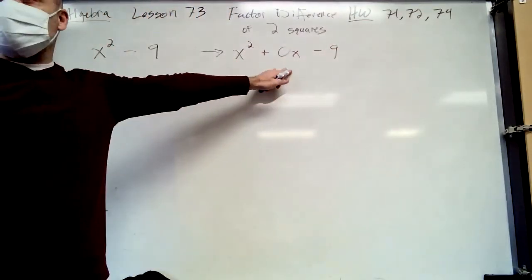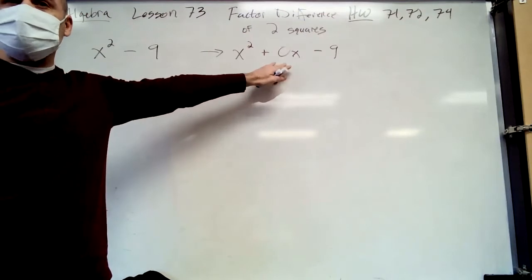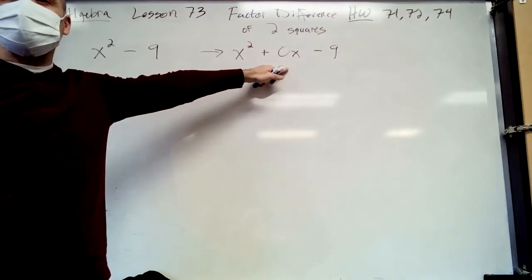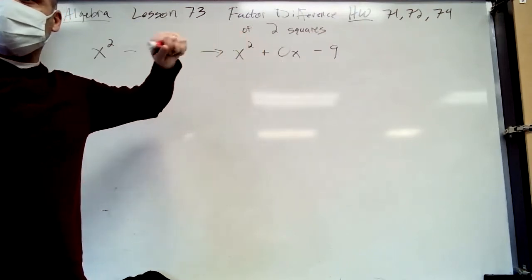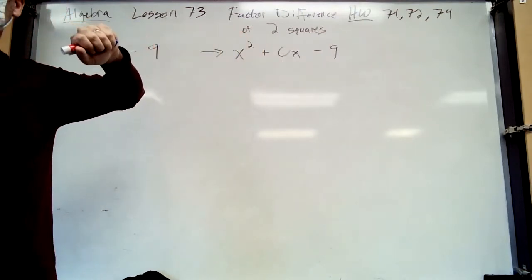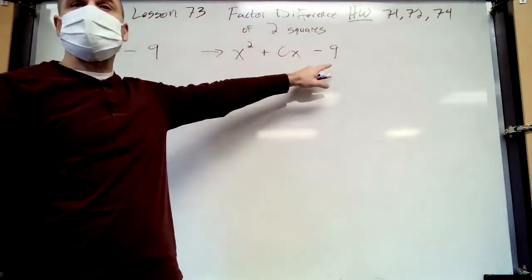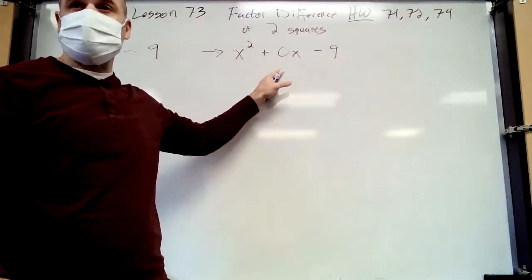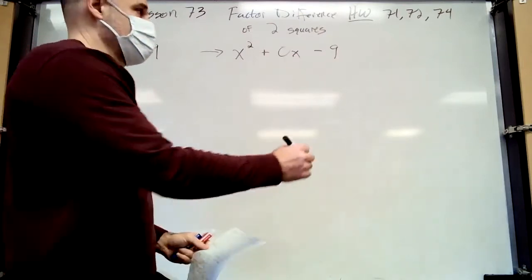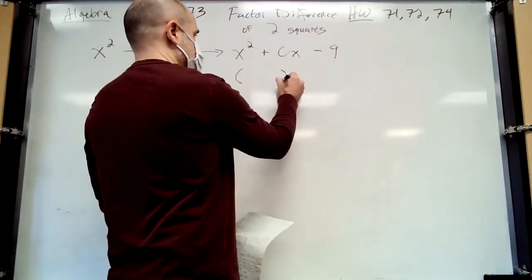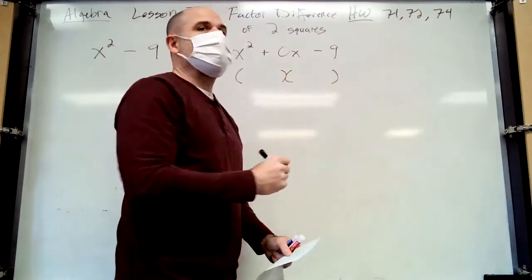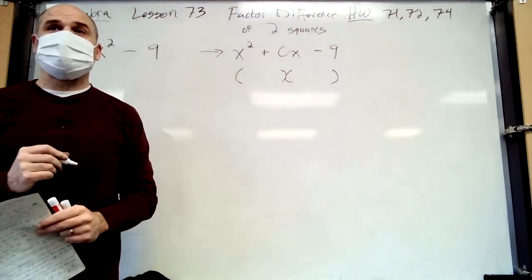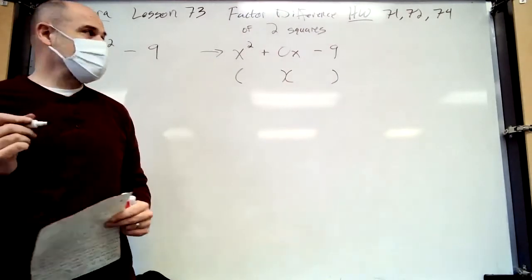And then we can ask our magic question. What two numbers multiply to get -9, but then when you add them together, they get 0? Well, what is it? 3 and -3.